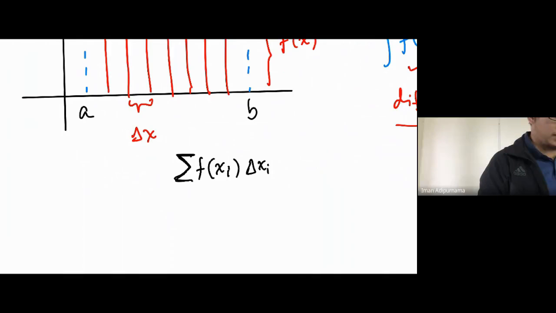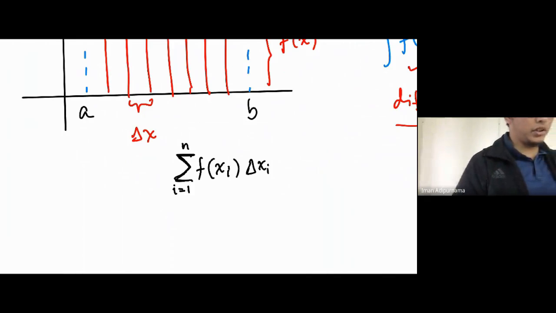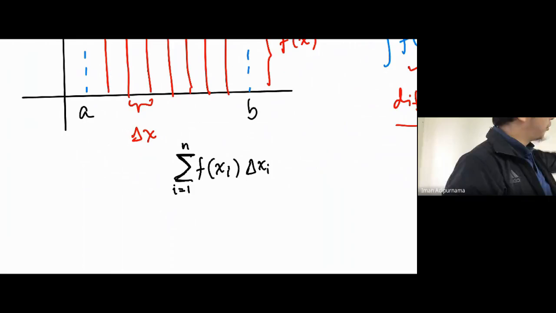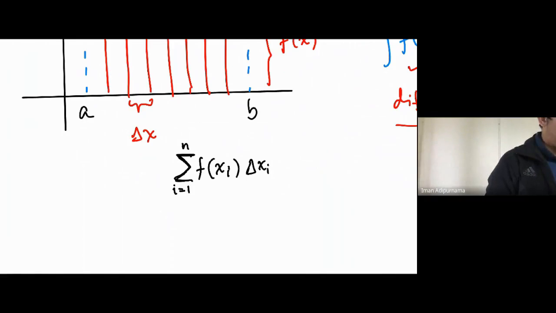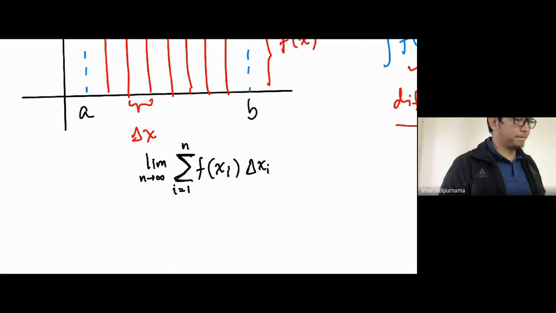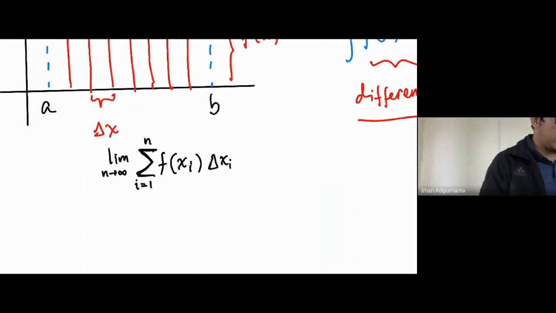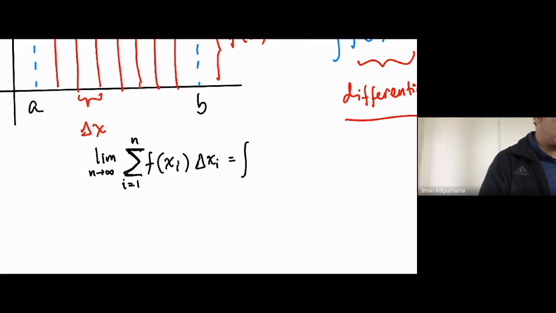Let's say we are going for n rectangles, and I start from i equals 1, meaning start from the very beginning of our interval. And imagine there are a lot of rectangles, so I will use the limit as n approaches infinity, and it will equal our integral of f(x) dx.